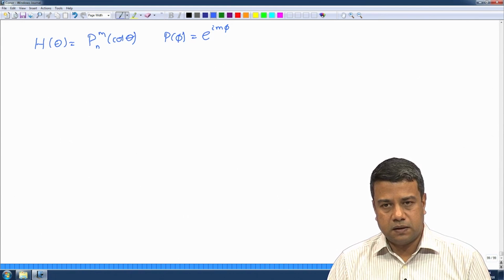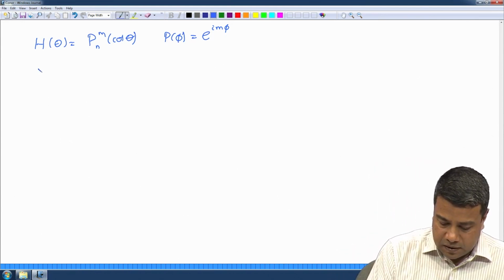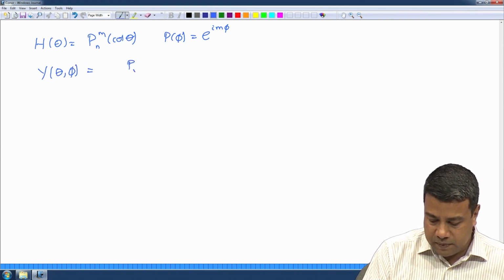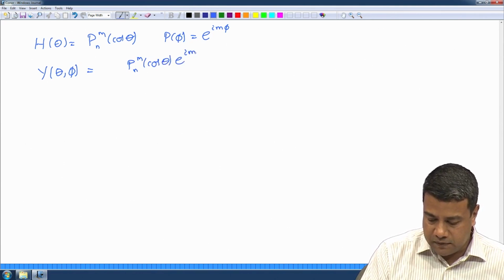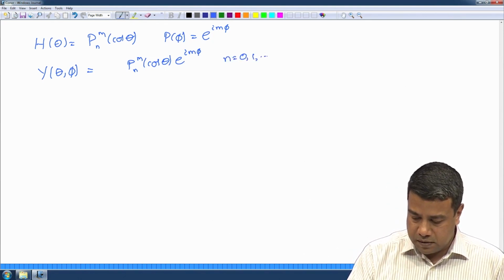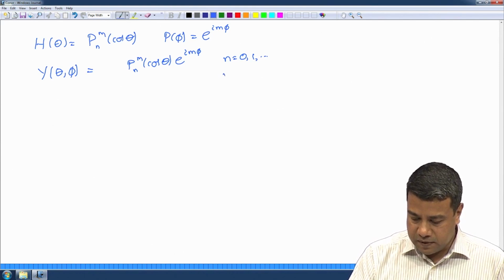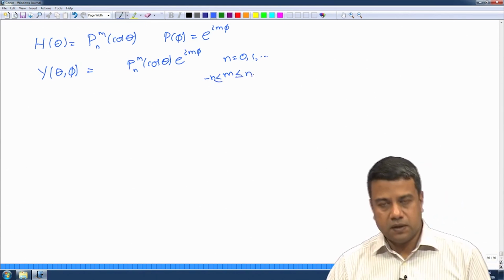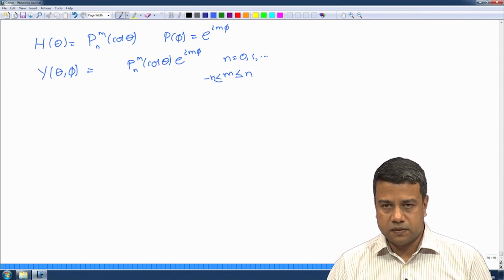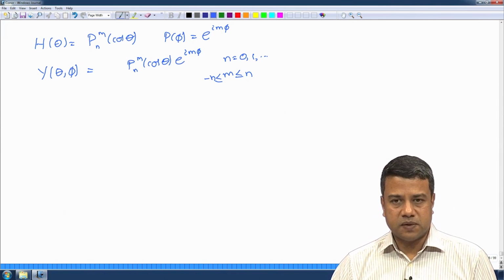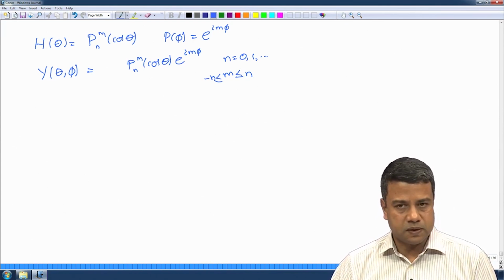Therefore, the product, which they call the spherical harmonics in theta and phi, turns out to be of the form P n m of cos theta e power i m phi. Note that n is an integer, and m goes from minus n to n. So, for n equal to 0, m is equal to 0. For n equal to 1, m is equal to minus 1, 0, plus 1. For n equal to 2, m is equal to minus 2, minus 1, 0, plus 1, plus 2, etc.